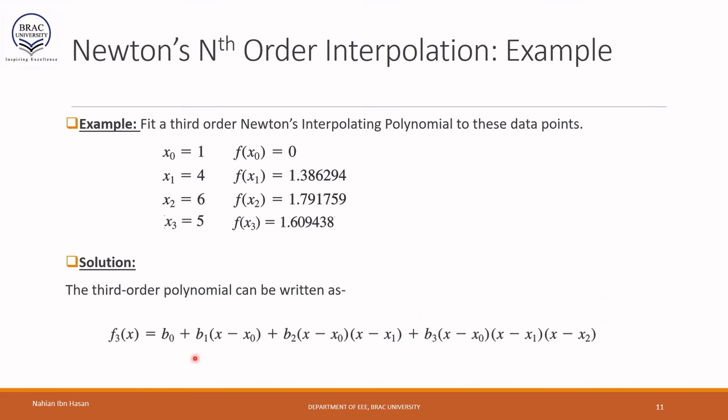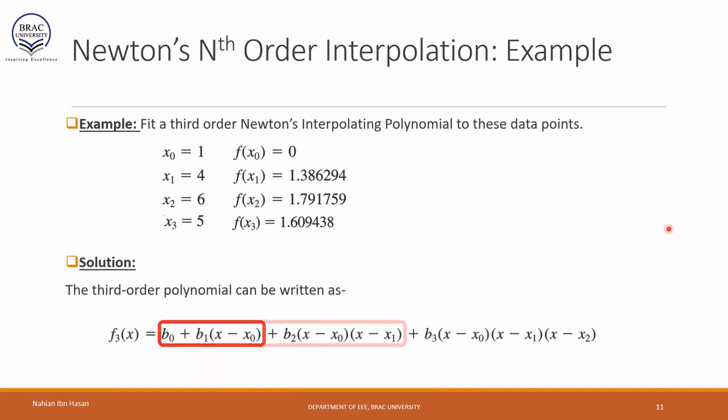What we are given here are x0, x1, x2 and the corresponding function values, and we need to determine these coefficients b0, b1, b2 and b3. That's the main purpose. Once we determine these 4 coefficient terms, we can substitute them into this formula and get the third order polynomial.